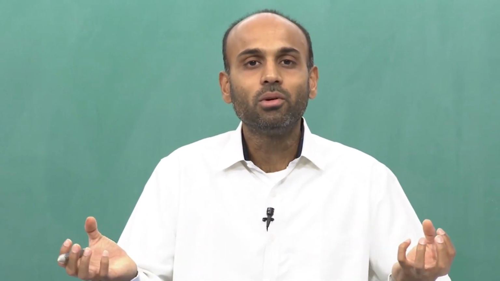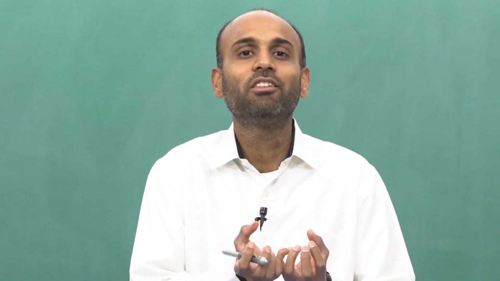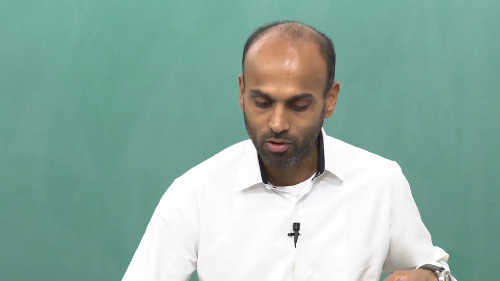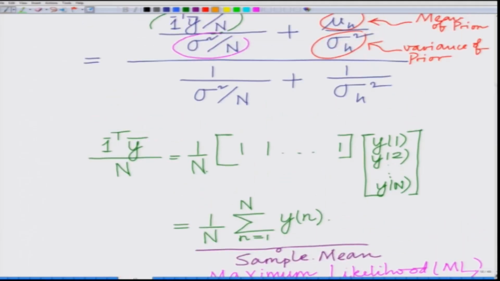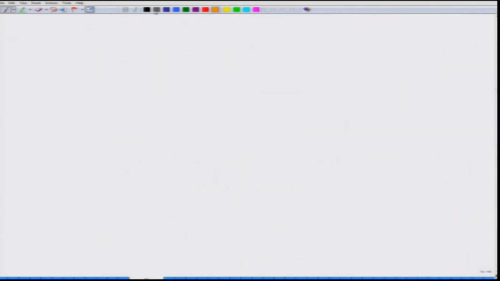So if the variance is high, the inverse of the variance is low, therefore the corresponding weight is less. So what you are doing is you are taking these two estimates and combining them in the inverse ratio of their variances, and that is the beautiful interpretation the MMSE estimate has. Alright. So therefore the final expression for the MMSE estimate h hat, let us write it down again, and this is a very interesting expression.